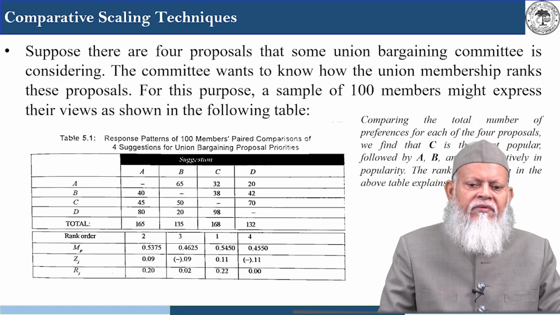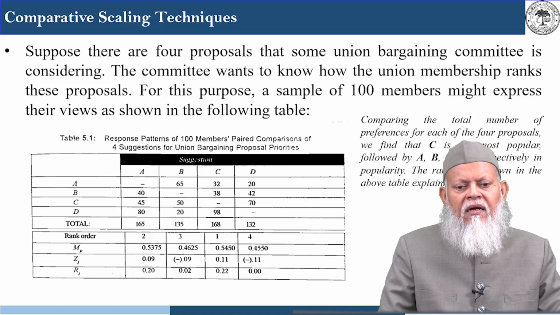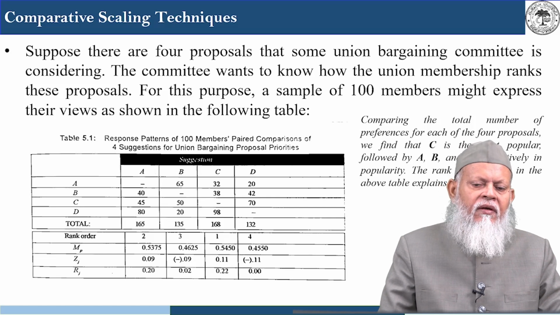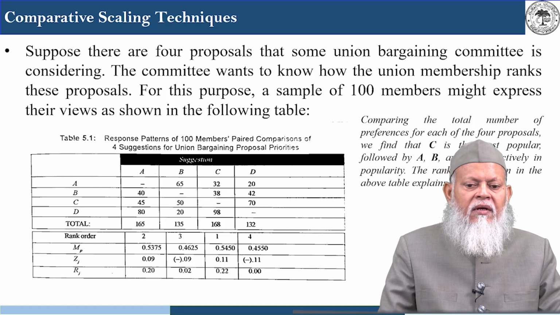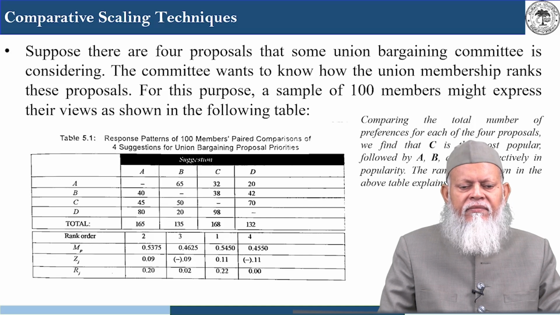So, we find that one member would be giving 4 into 4 minus 1 by 2, that is 6 opinions, one person. So, in total there should be 600 opinions, and that is what we have in the A, B, C, D here.